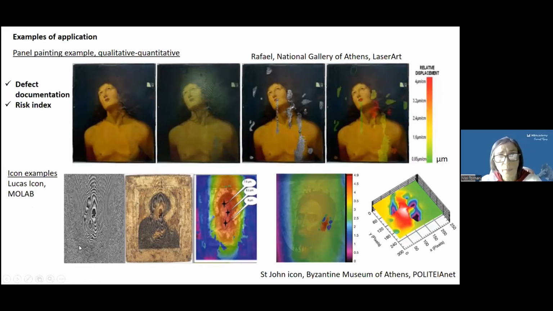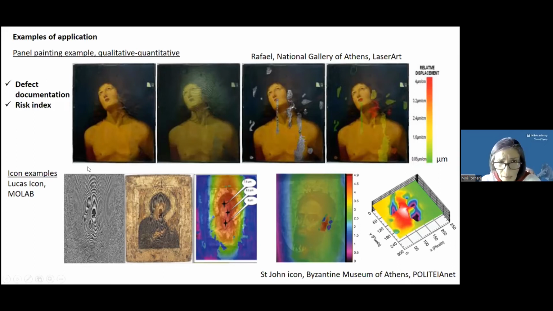Here you can see some examples from icons. Icons have the same structural characteristics. They are multi-layered inhomogeneous structures, which can also be studied in the same way as canvas paintings, panel paintings, and wall paintings.